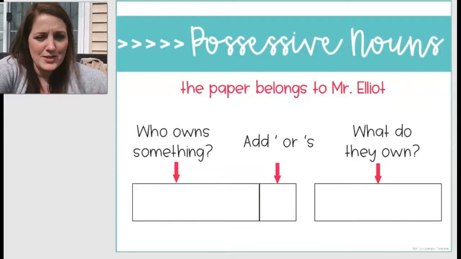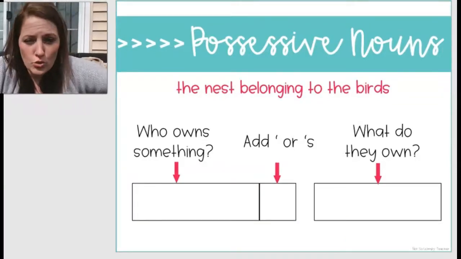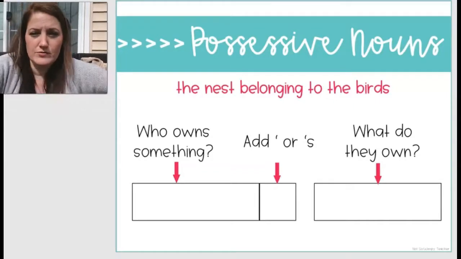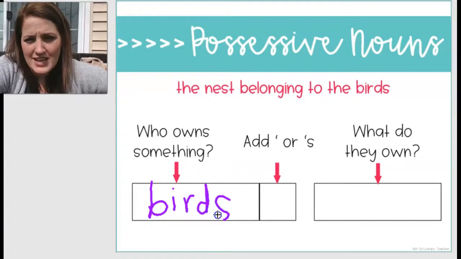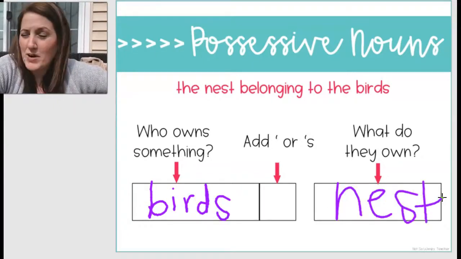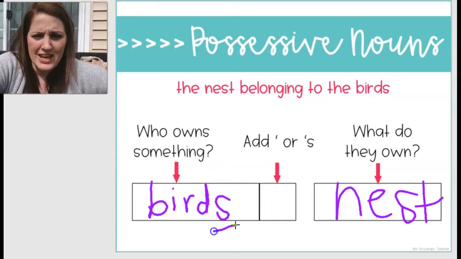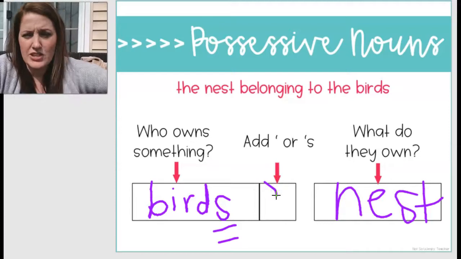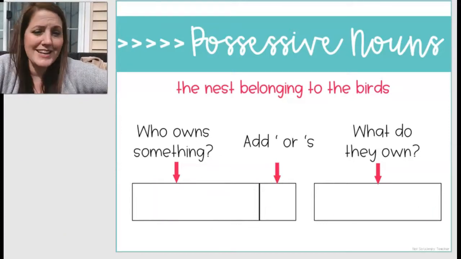All right, next one. The nest belonging to the birds. So who are we talking about? Birds, B-I-R-D-S. And what do they own? The nest. Birds' nest. So are we going to use apostrophe or apostrophe S? Remember, if it already ends with an S, then we just add an apostrophe. So the birds' nest is big. All right, next one.